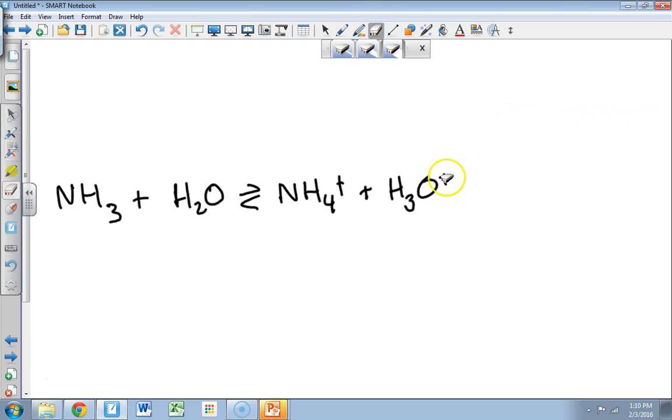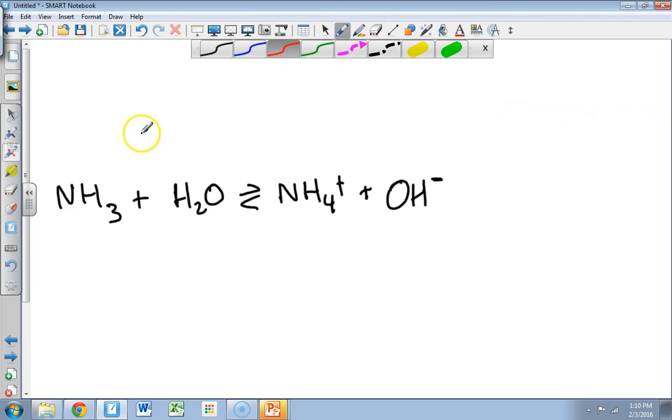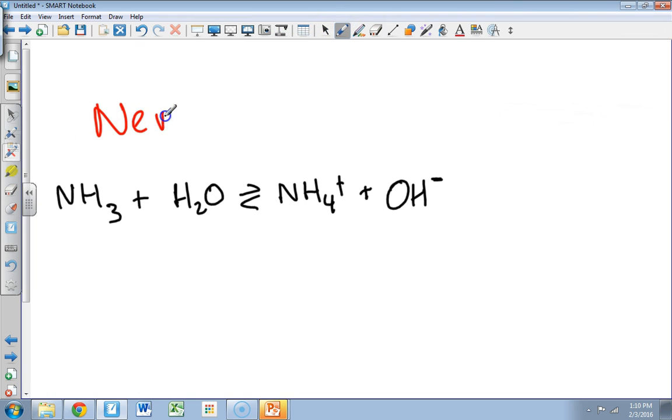Whoa. Not H3O plus. That would be an acid. Plus OH minus. Yes, that base reaction will never change. I broke my cardinal rule. Never change. Anytime you're doing a weak base equilibrium problem, this is the reaction. Base plus water reacts to form the conjugate plus hydroxide.